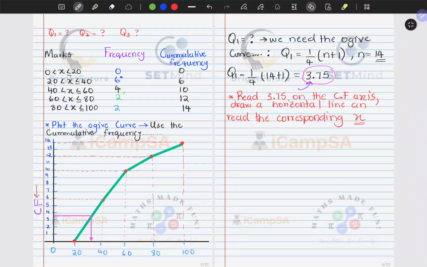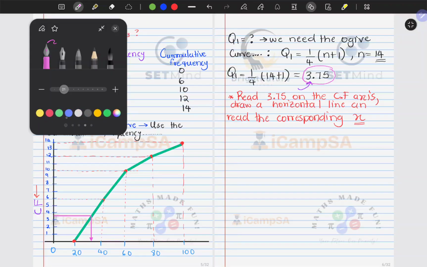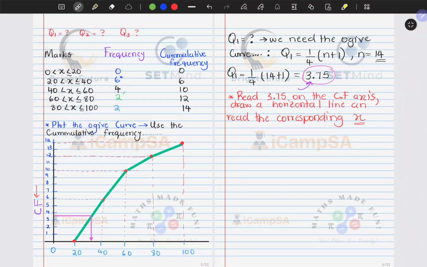Since this is not drawn to scale, I would just do an approximation. We know that in the middle here we would have a 30, so I can say that is about 32. So Q1 is approximately 32. This is very important, guys.